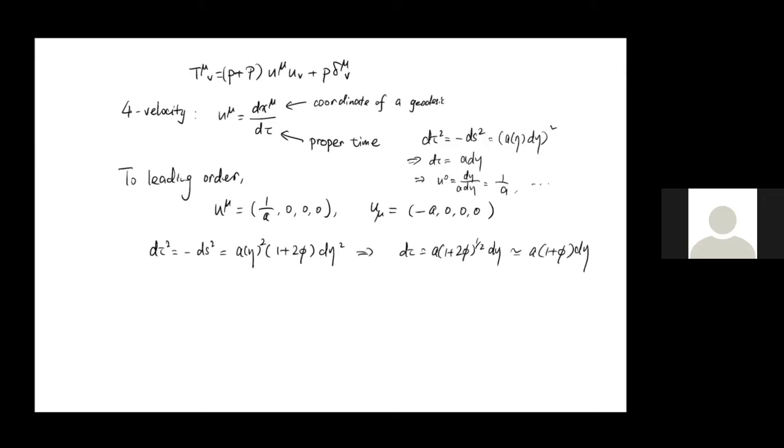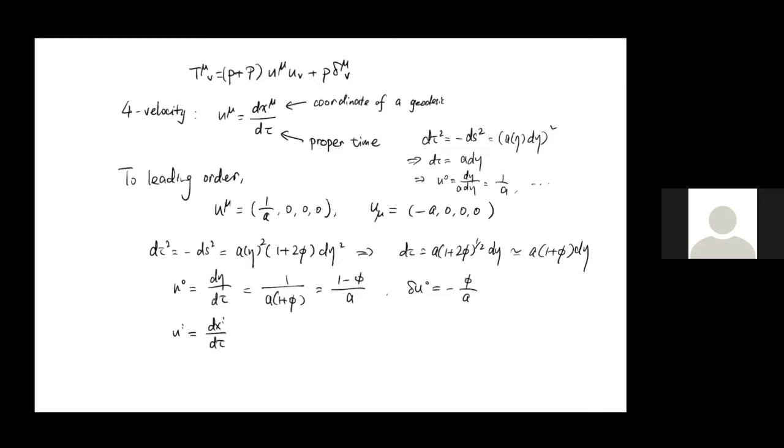So then you have this, or approximately delta u0 is minus phi over a, and ui is just dxi over d tau.